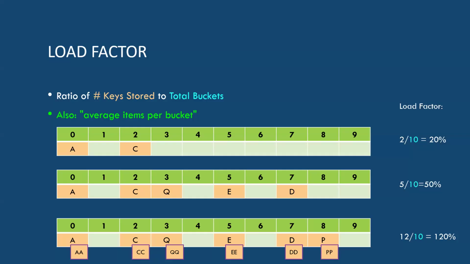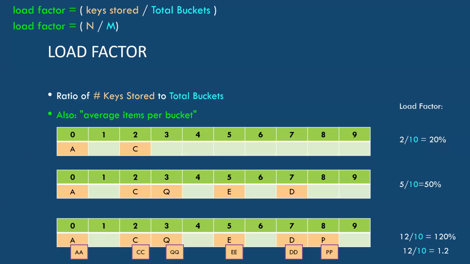So the definition isn't going to change, depending on whether we're using open addressing or separate chaining. It's always going to be the same: keys stored divided by total buckets, even if we're using separate chaining to link these things together. So that's one thing we want to have a handle on, and we'll quiz you on that and give you Quizlets so you can keep track of that.